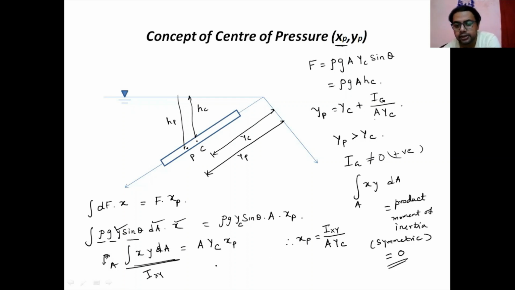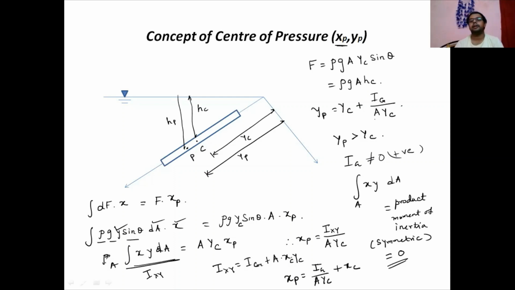The product moment of inertia also follows the parallel axis theorem, which you can apply here: IXY is equal to I at the CG plus area into XC into YC, since for the centroid we take the distances to the axes. So hence XP is equal to IG over A YC plus XC.